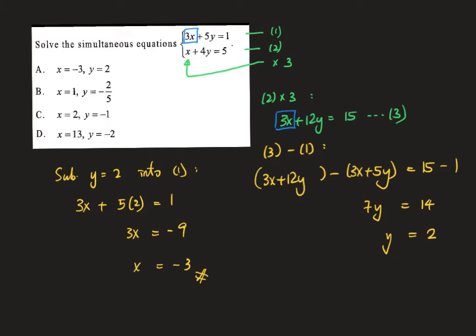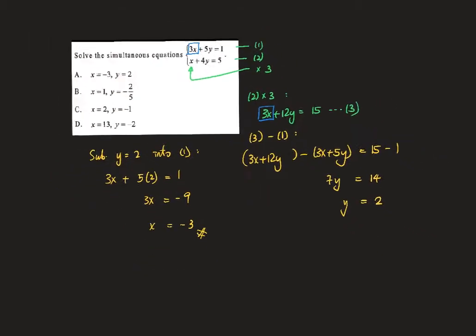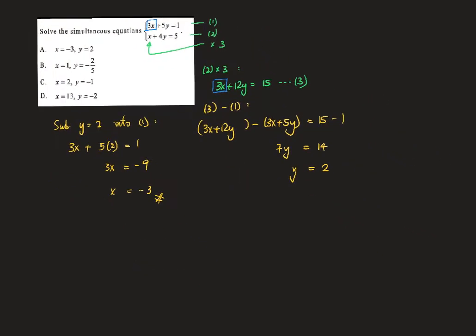Still, some students may try to do it in this way. He may multiply the first equation by 4. Then we have, and call this equation 3, and the second equation by 5.